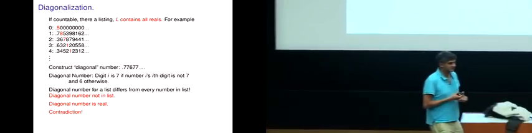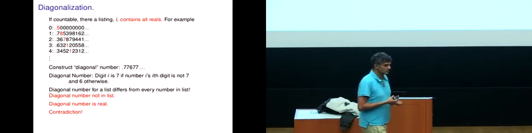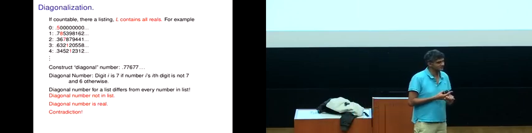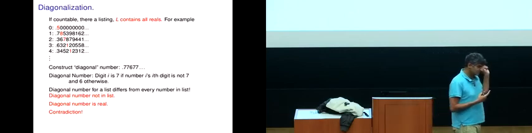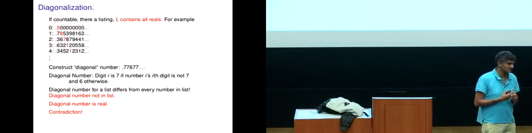Okay, where is it in the list? Somewhere. Where is it in the list? Somewhere. So let's say it's at position K. Okay? So now I'm assuming it's at position K. Now tell me why it's not at position K. Look at the construction.